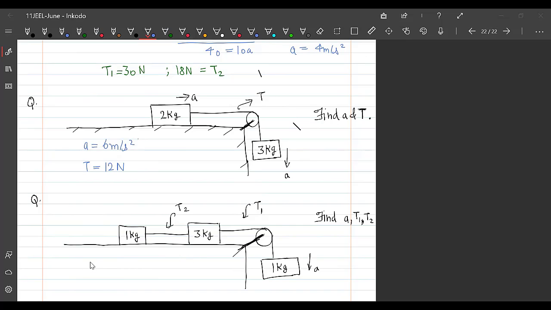In the second case, acceleration would be 2 meters per second square. T2 should be 2 Newton. No, 4 Newton. No, T2 should be 2 Newton. And T1 should be 4 Newton.